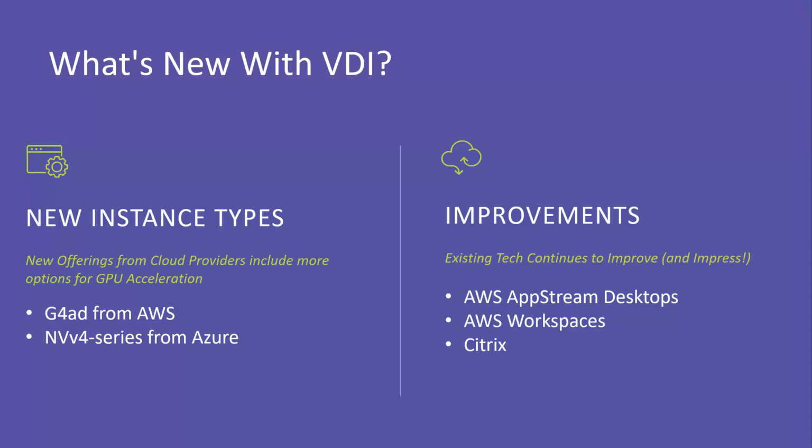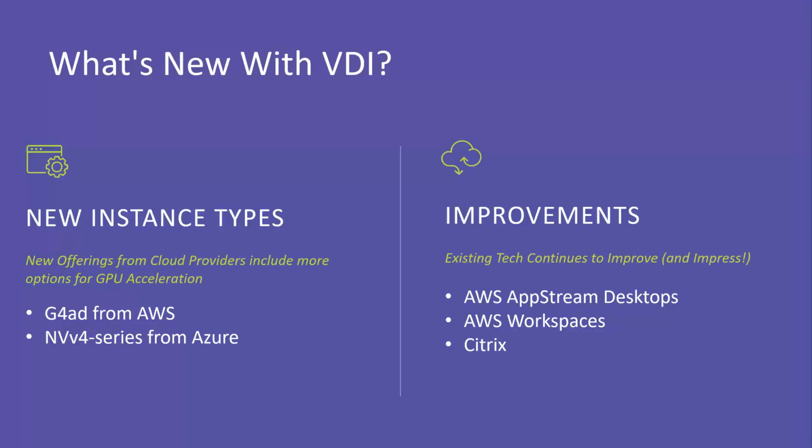In my mind, these new instances from Azure are really kind of playing catch up a little bit to the elastic GPUs that AWS has had for quite some time, which are also a really great option. But the takeaway here: the more competition, the better.